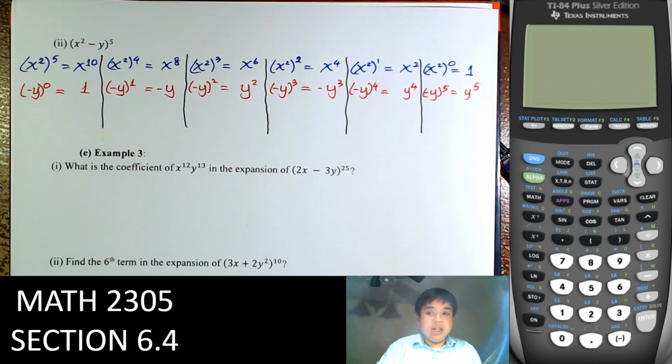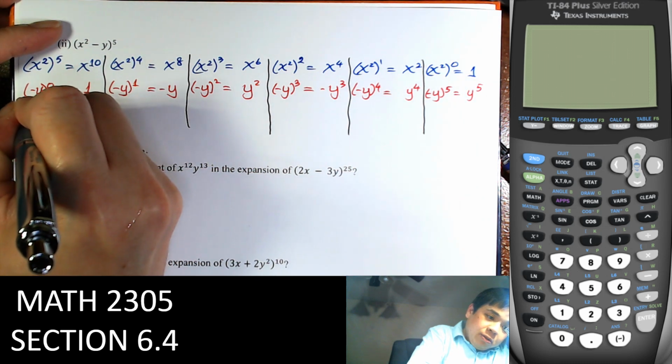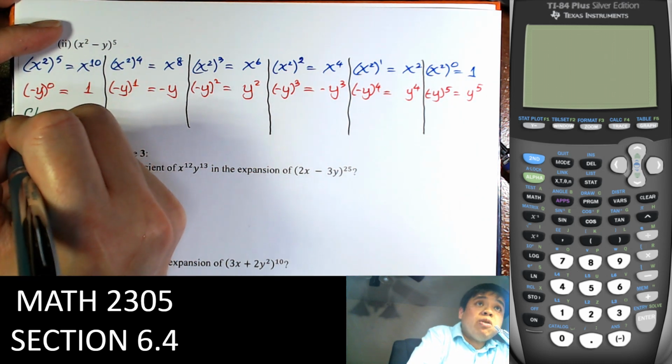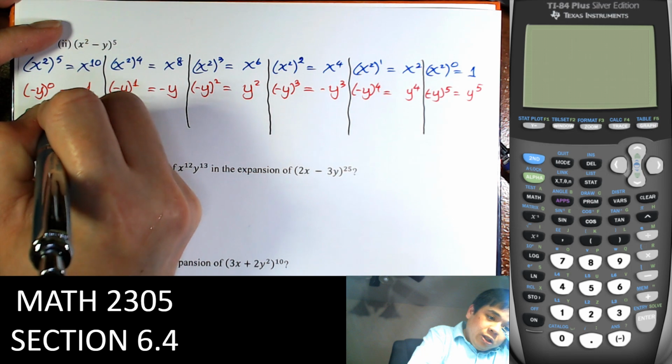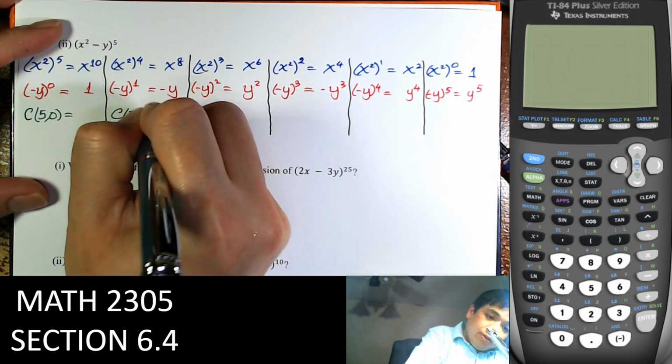And then the combination. Later on there's another way to write the combination to use instead of the combination, but for now just use that.